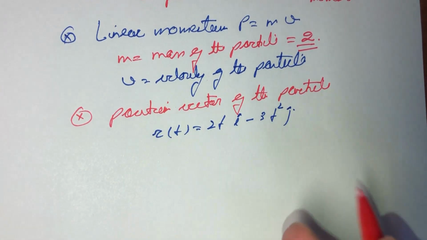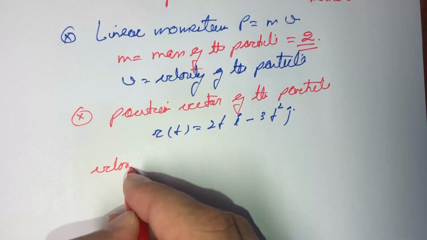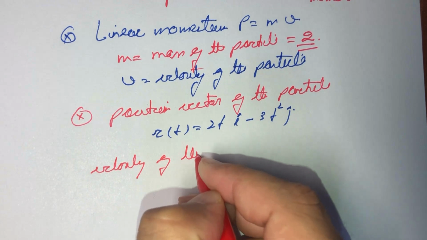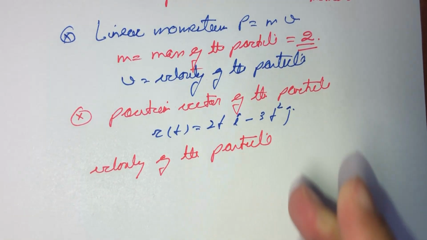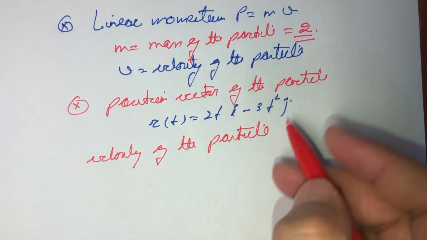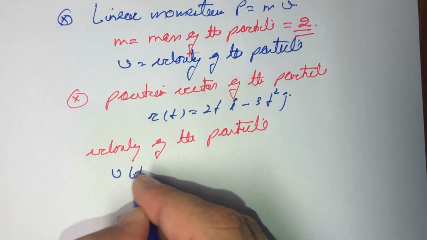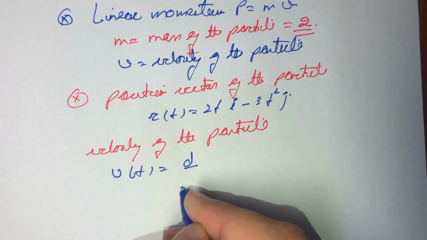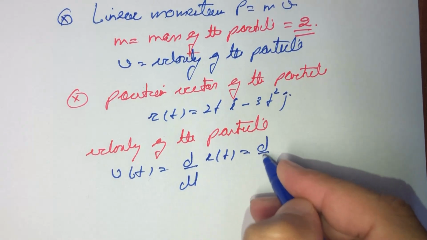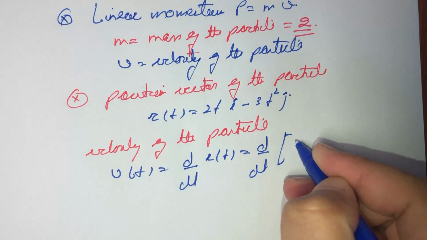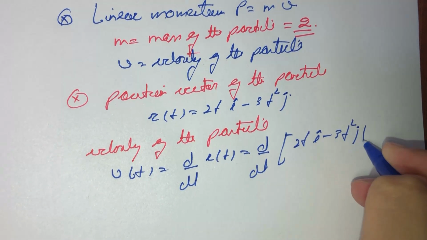So from here we can find out its velocity. The velocity of the particle, v of t, will be equal to d upon dt of the position vector, and we get d by dt of 2t i minus 3t square j.